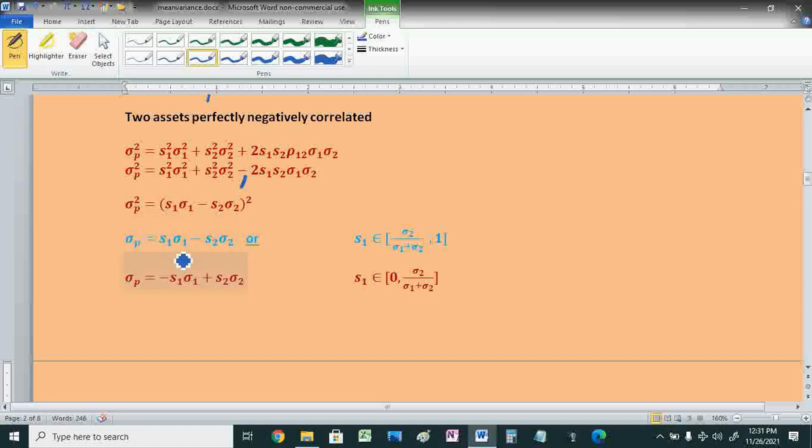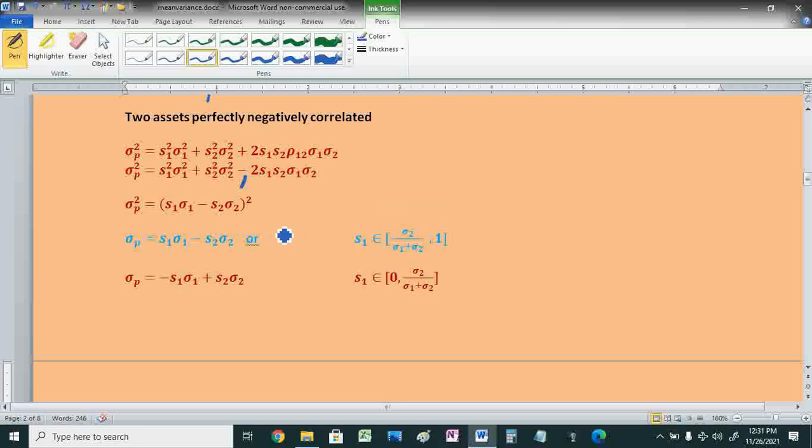This is the first root and this is the second root. Because standard deviation has to be positive, we know that neither equation is satisfied for all combinations of S1 and S2. So we have to define, for example, the range of S1 that has to be satisfied for standard deviation to be positive.